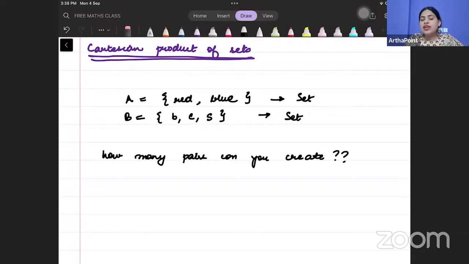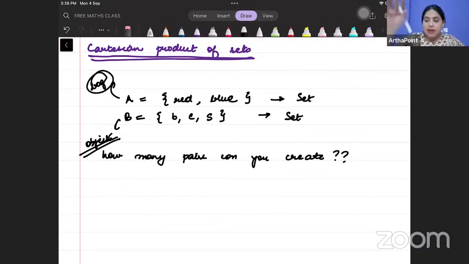तो जैसे अगर मैं बोलूं कि बेटा ये बैग के कलर्स हैं और ये बैग के अंदर जो ऑब्जेक्ट्स डल सकते हैं वो हैं. अब रेड बैग में b ऑब्जेक्ट जा सकता है, रेड बैग में c भी जा सकता है, रेड बैग में s भी जा सकता है, ब्लू बैग में b ऑब्जेक्ट जा सकता है, ब्लू बैग में c भी जा सकता है और ब्लू बैग में s भी जा सकता है.